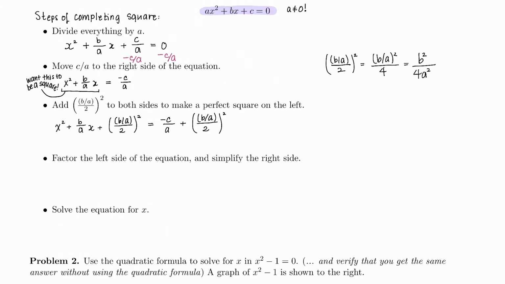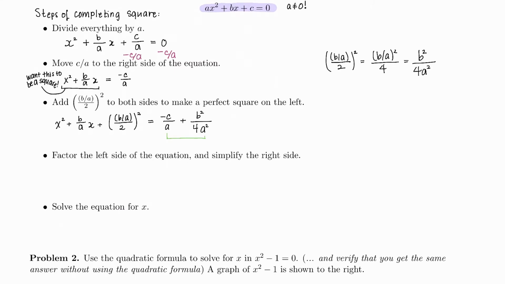I'm going to erase this so that we can put the simplified thing there. So we had b squared over 4a squared. If I want to add these together, I need a common denominator.